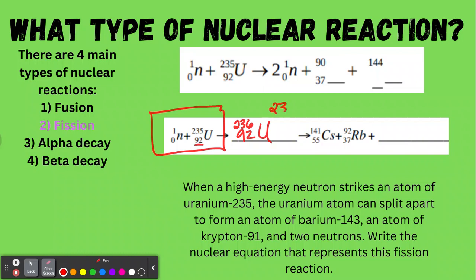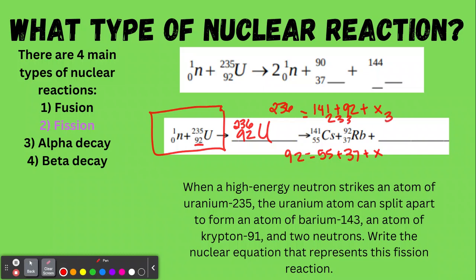So I have 236 equals, because that's where my arrow is, 141 plus 92 plus x. And then on the bottom, I have 92 equals 55 plus 37 plus x. Okay, so I'm going to add these together on this side first. So 233. So this is 233. So when I subtract, I get my x over here should be a 3.